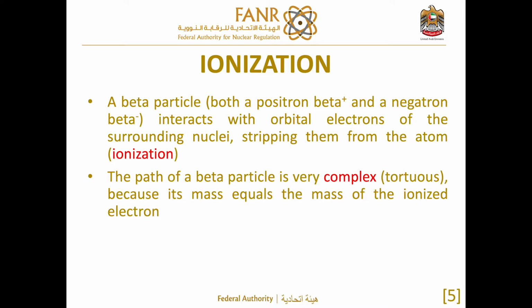This is the reason why the path of a beta particle is, or could be, very complex and tortuous, full of bends and curves, because each interaction is quite dramatic for the beta particle, which interacts with another particle of the same mass and charge.